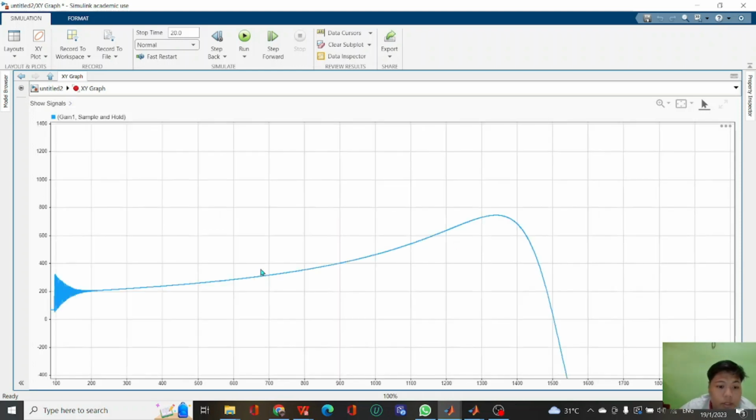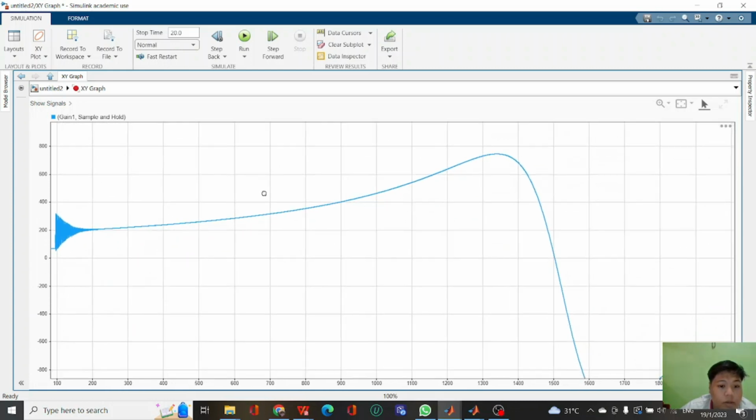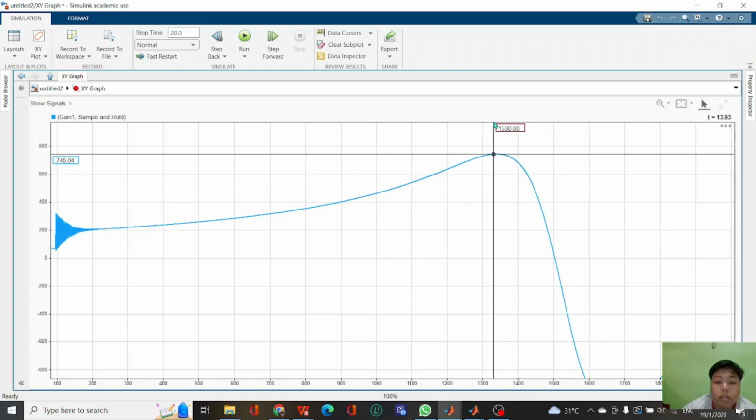Okay, after get this we must take the proper view. Okay, take this and click to get the highest reading.